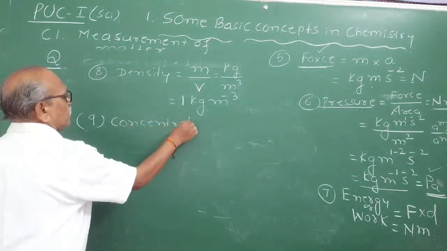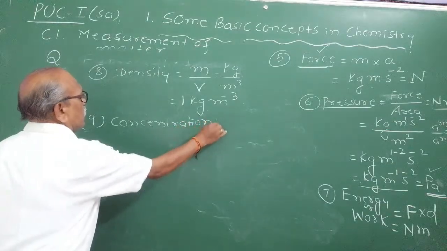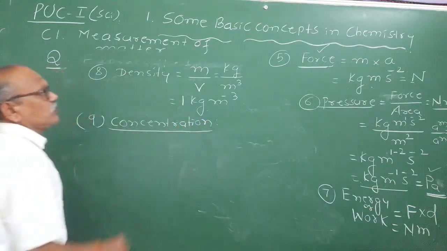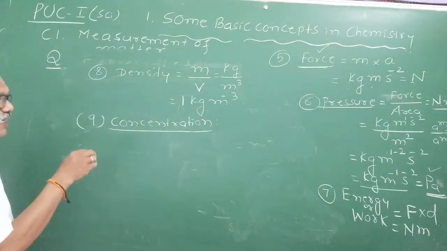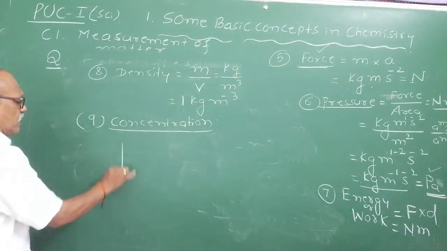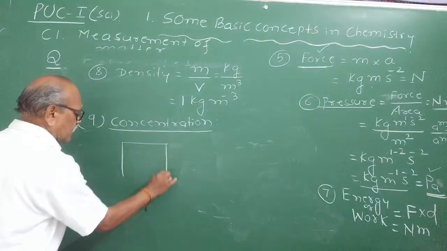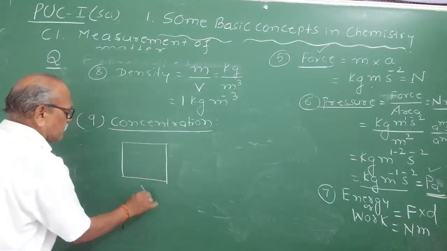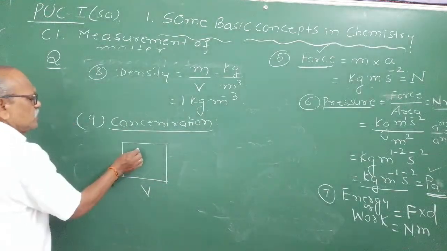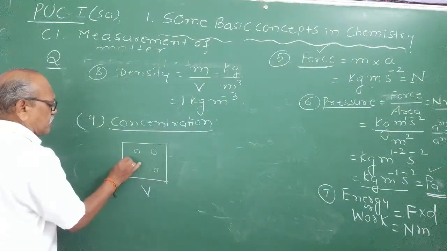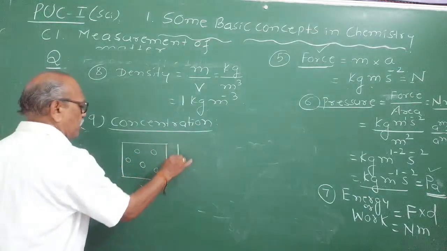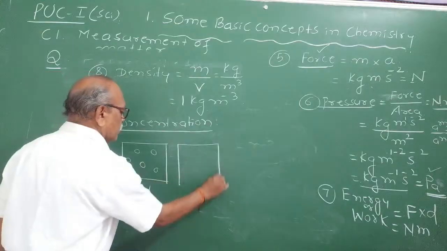And another unit we are using, in chemistry, concentration of a substance. Concentration means, okay, observe here. Suppose I take this much volume. Assume that this is a volume. Say gas molecules are present. I will take another container.